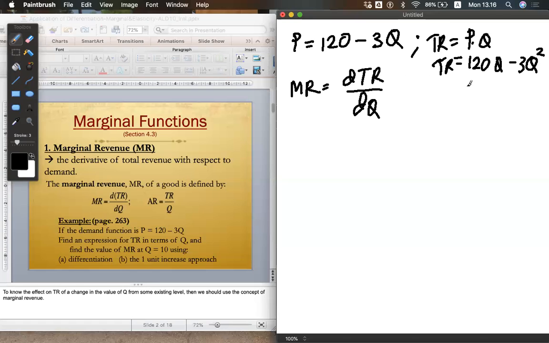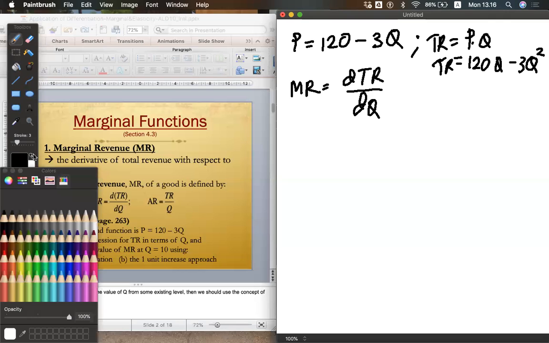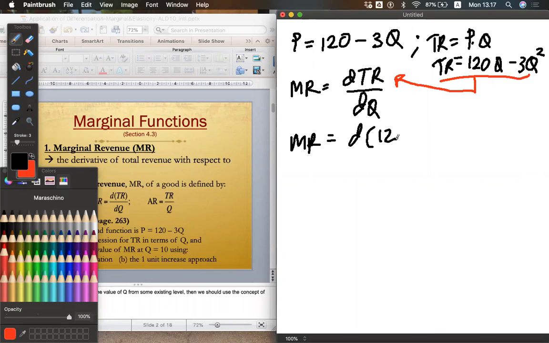So if we have the TR, then we can easily put the TR here. So now we can have marginal revenue equals d of TR, d of 120Q minus 3Q squared, by dQ.